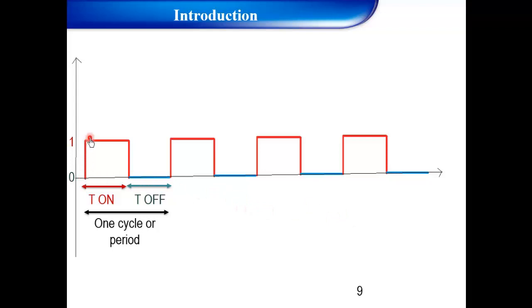Now this is high, T on, the high or duty cycle. Duty cycle of the period: T high, T low. 50% T high and 50% T off.